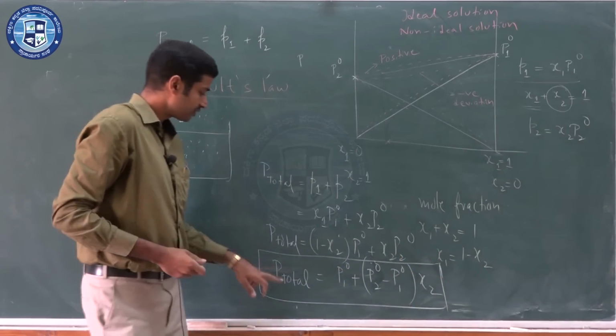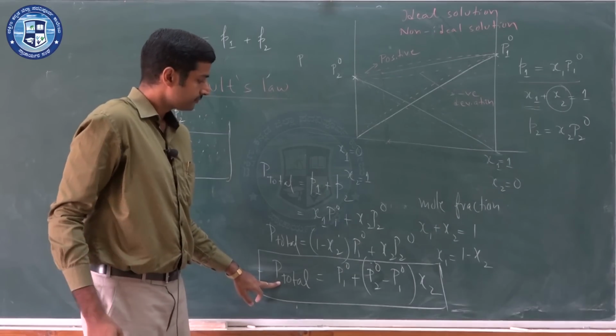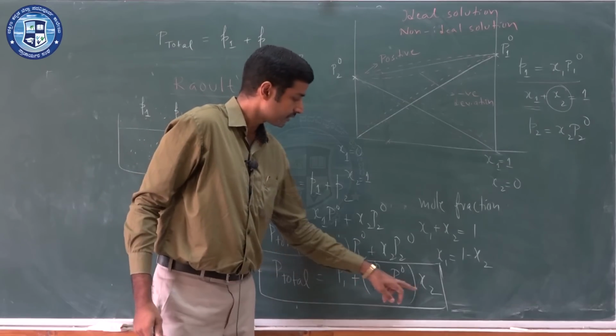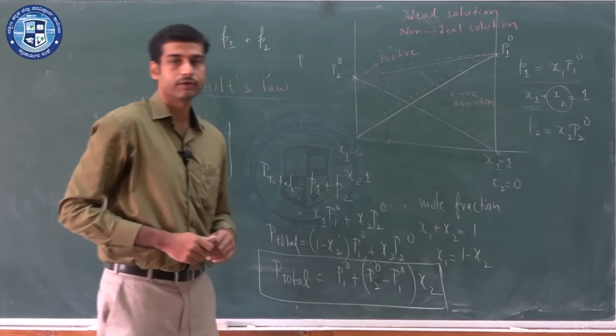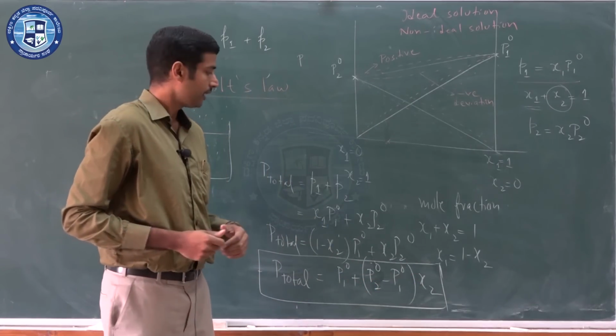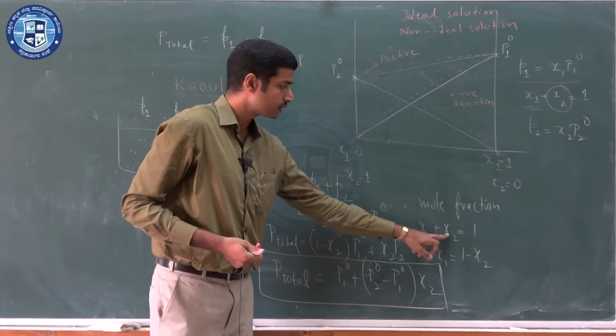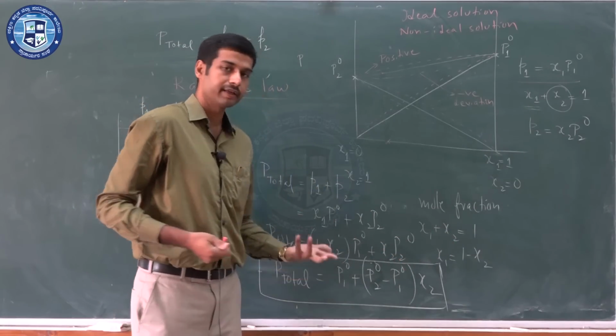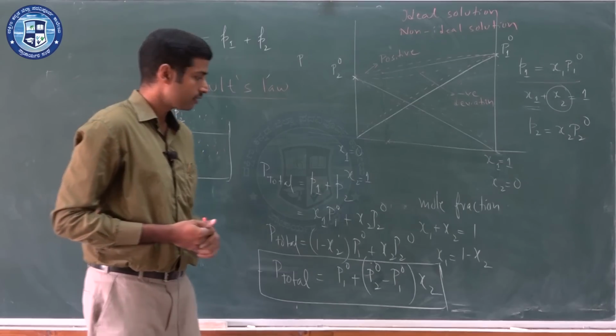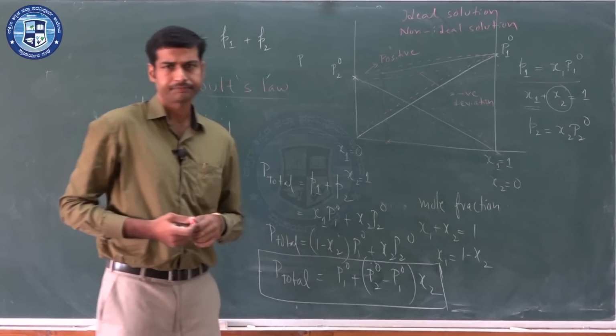So what I have done is I have expressed P total as a function of mole fraction of any one of the components. I could also express this in terms of x1. All I have to do is I have to substitute x2 as 1 minus x1 in this equation. I will get a modified version in terms of x1.